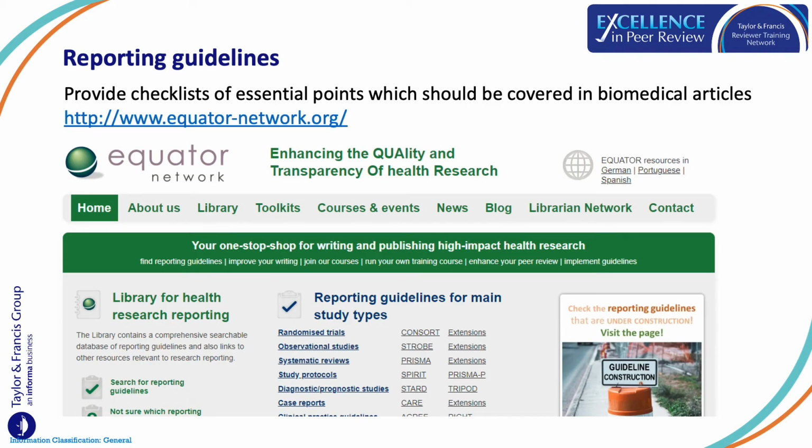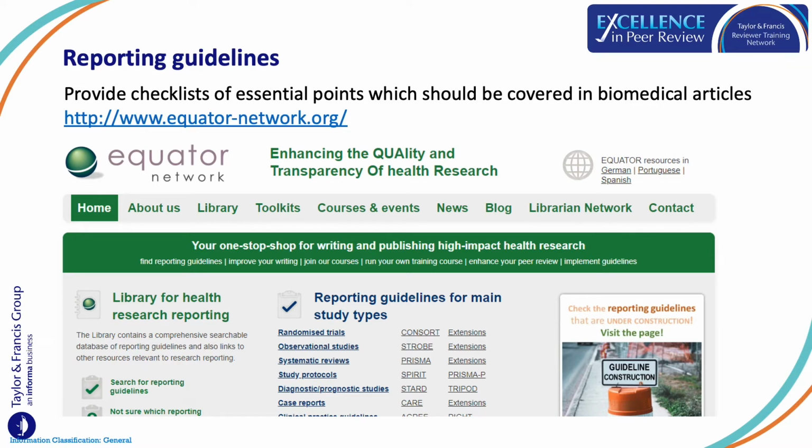Another recommended tool for reviewing biomedical articles is reporting guidelines, which are compiled by the EQUATOR Network. This provides checklists of points which are essential when reporting biomedical research, with different guidelines depending on the type of the study design. On one hand, these guidelines are helpful for authors in preparing and writing their articles.